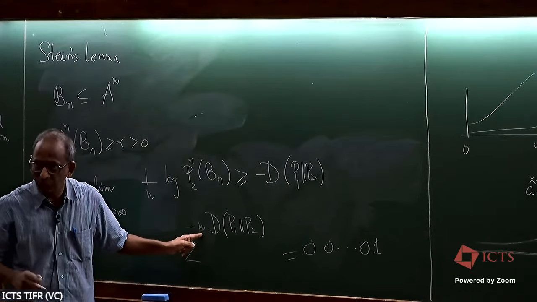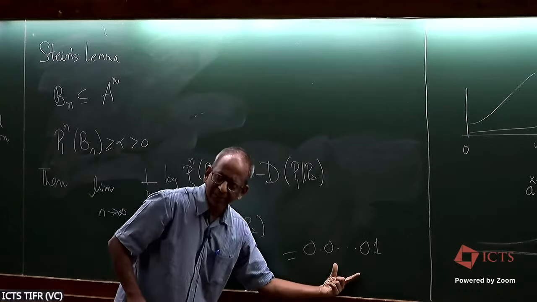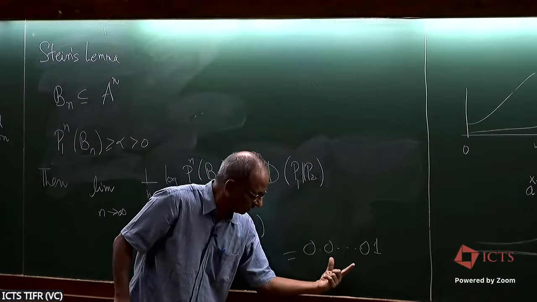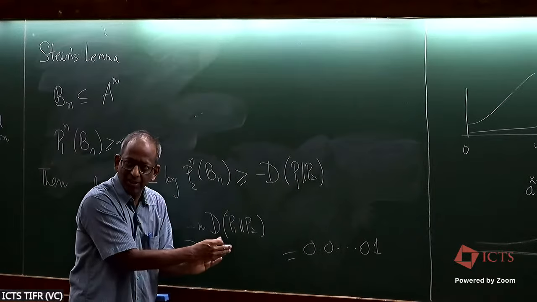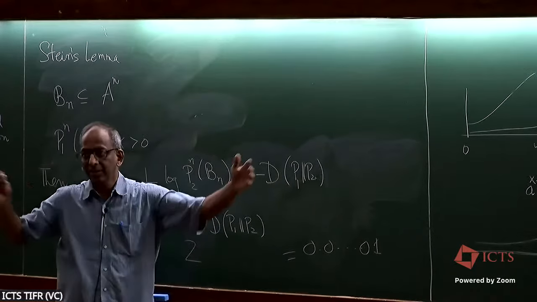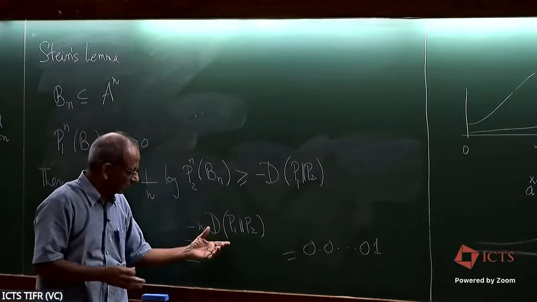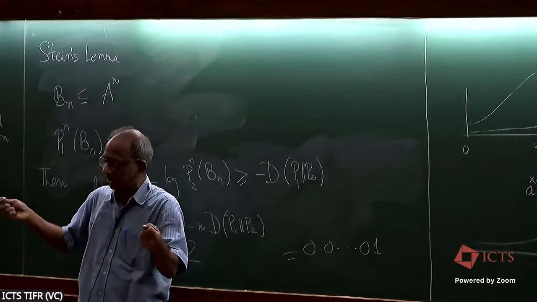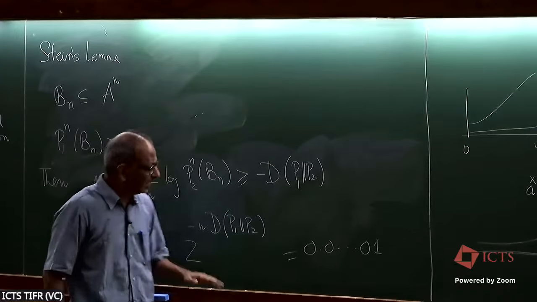But while solving for n, this D will come in the denominator. When this D comes in the denominator, that means if this D is small, then you will need a lot of samples. And if this D is large, that means P1 and P2 are already well separated, then you will need fewer samples. And this is tight.